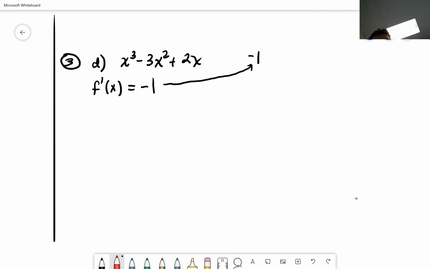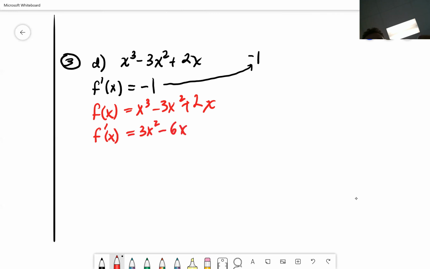Now they've given me that f of x equals x to the third minus 3x squared plus 2x. So f prime of x must equal 3x squared minus 6x plus 2. And when is 3x squared minus 6x plus 2 equal to -1?